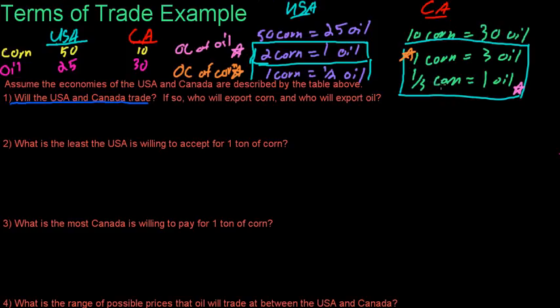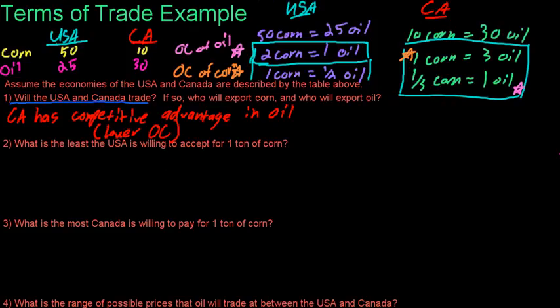So clearly Canada has the competitive advantage. I'm going to write it out because the abbreviation CA is the same as Canada: Canada has the competitive advantage in oil. And all that competitive advantage means is that it has the lower opportunity cost.